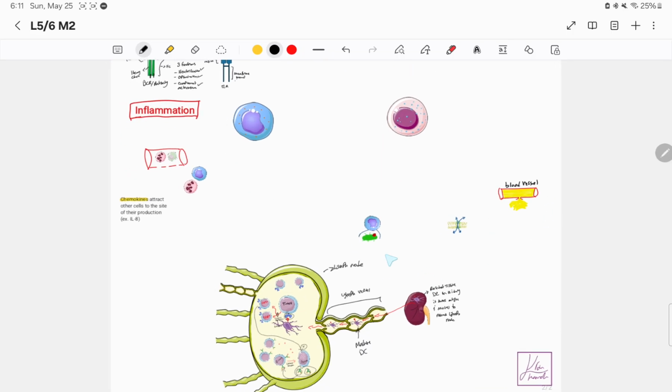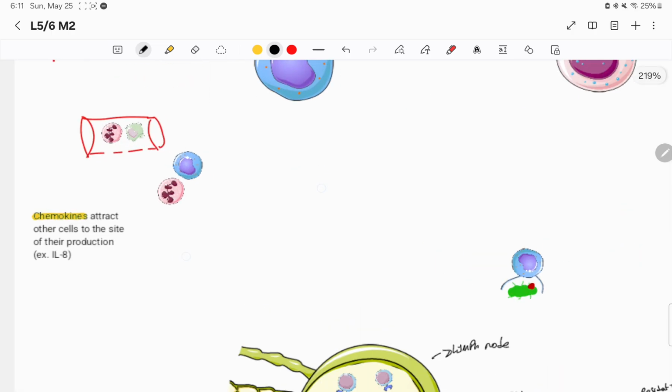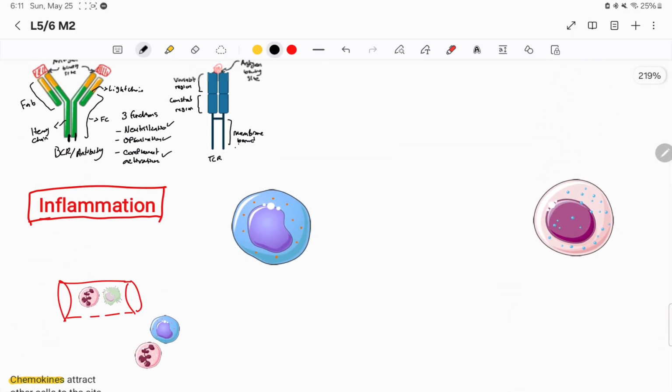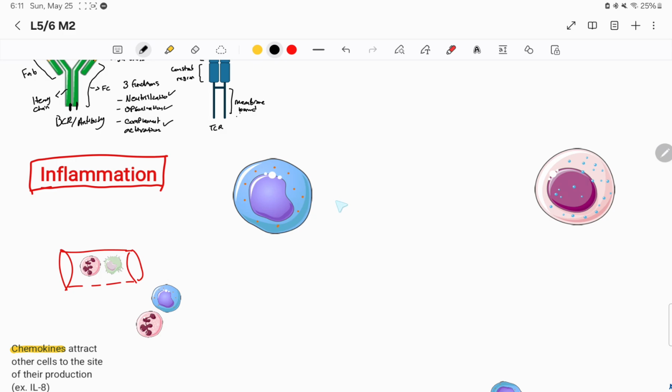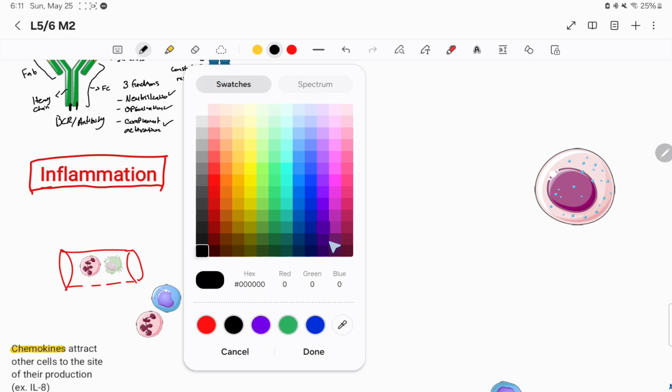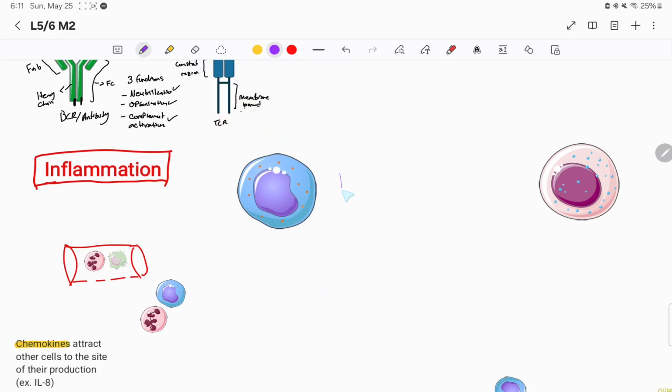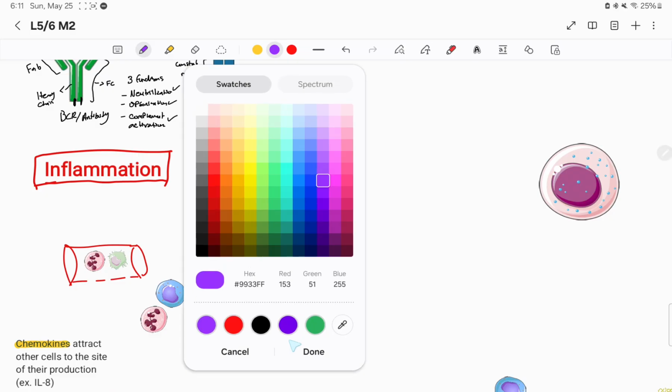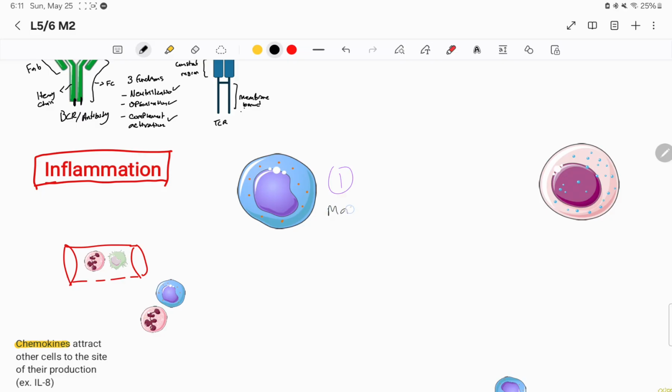What we were talking about here was the adaptive response, which was initiated by the mature dendritic cell. Inflammation occurs in the tissue, and it's first initiated by a macrophage.